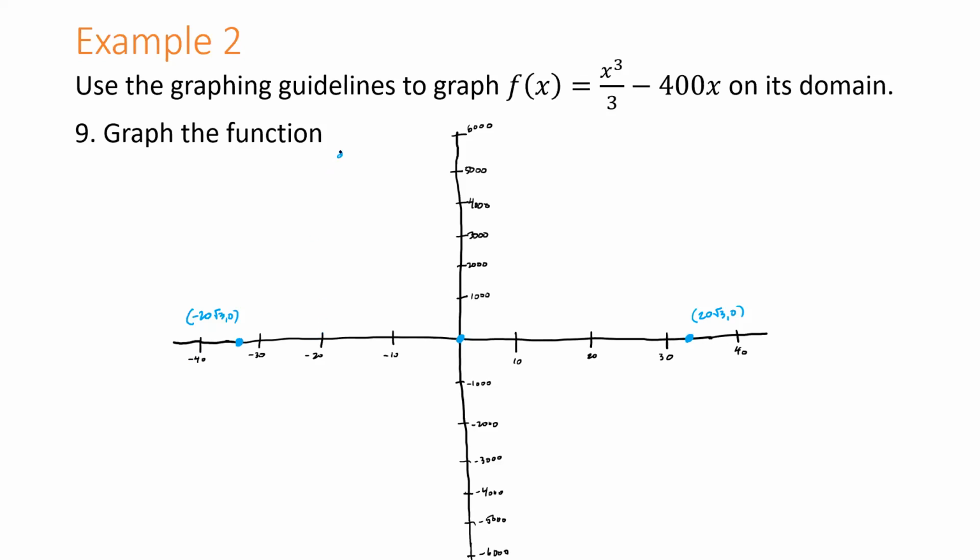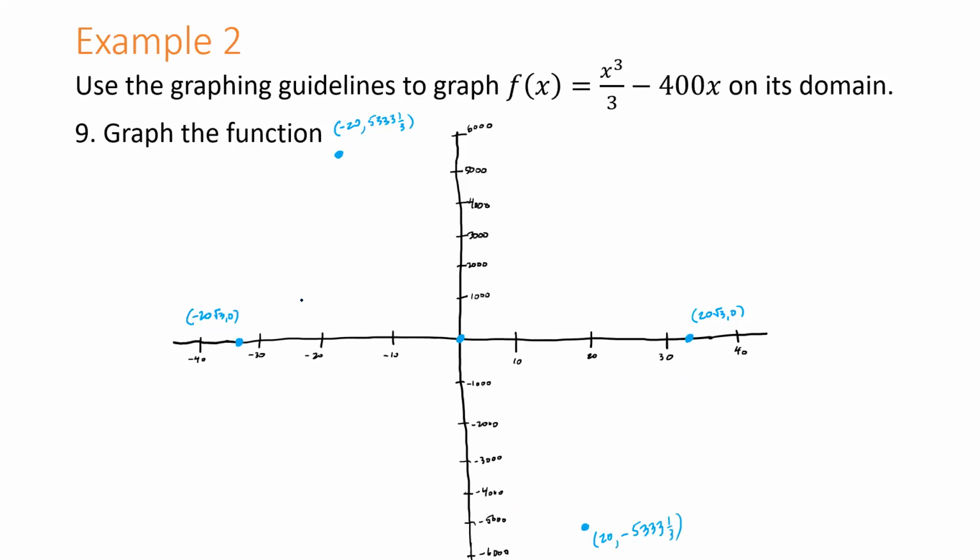So up here would be our local maximum. And then 20, negative 5,333 would be our local minimum over here. And those are the key points that we collected.